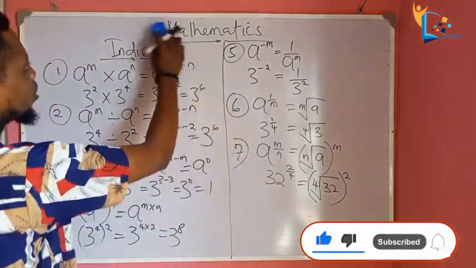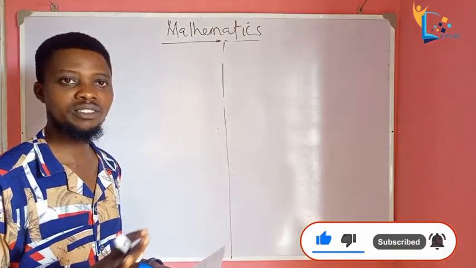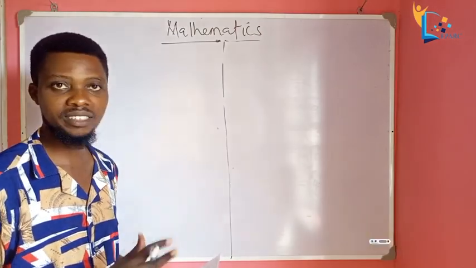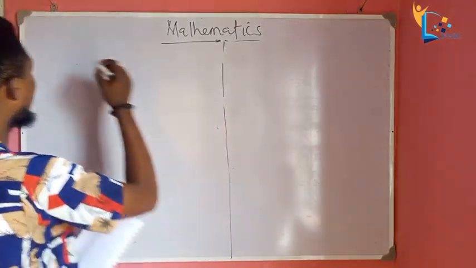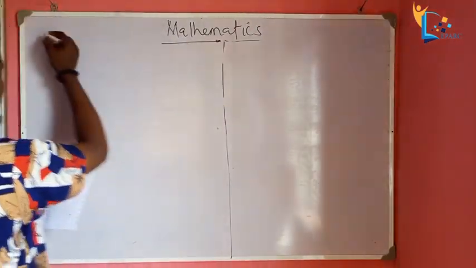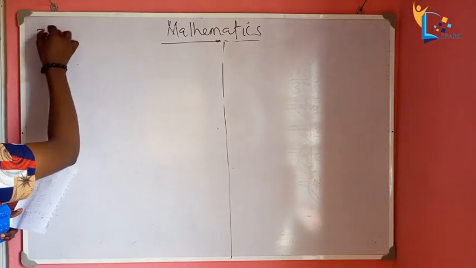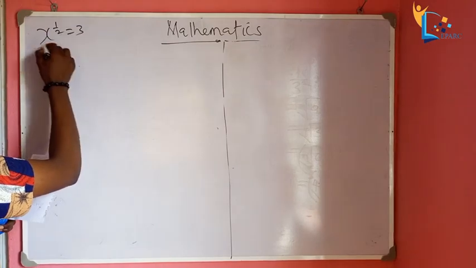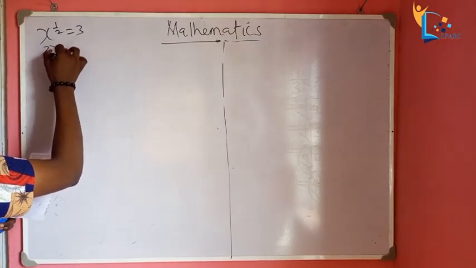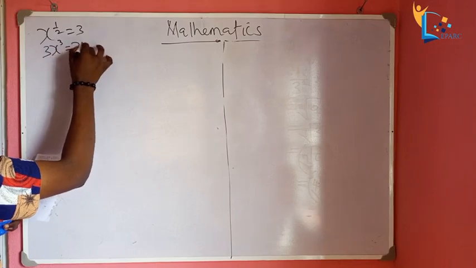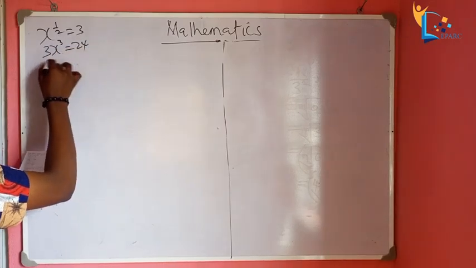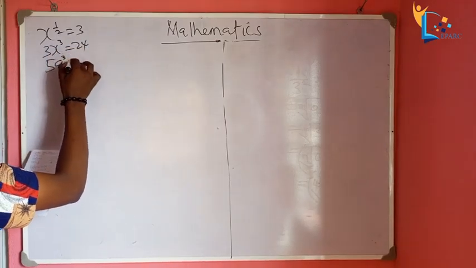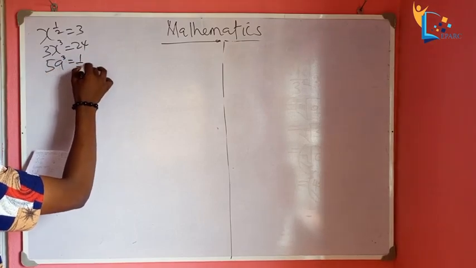Okay, I'll need to wipe this off. So we're going to be looking at some problems involving indices. So let's look at some equations involving the knowledge of indices. Let's have x raised to power 1 over 2 equal to 3. Let's have 3x raised to the power of 3 equal to 24. Then 5a raised to the power of 3 equal to 1 over 25.